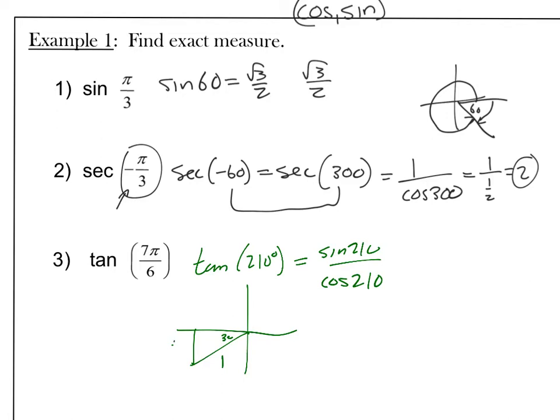Well, that's going to be 1/2 over square root of 3 over 2, but they're both going to be negative. So that's negative 1/2 over negative square root of 3 over 2, and then a lot of simplifying later, multiplied by the reciprocal. That cancels out. Multiplying here gives me 2 over 2 square root of 3.